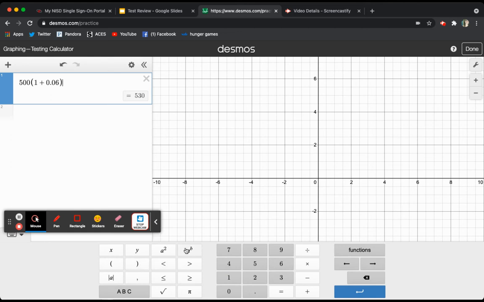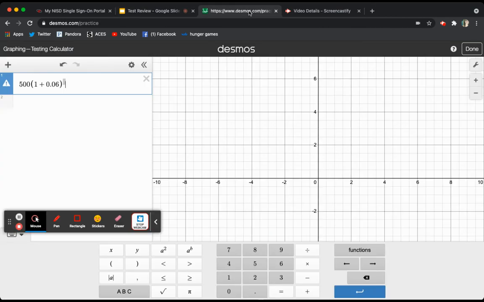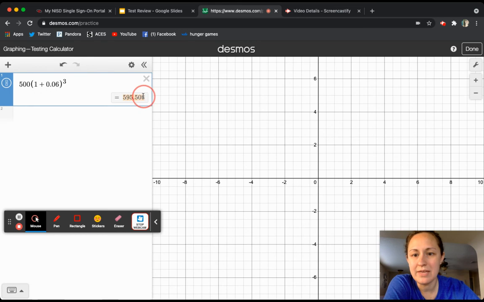Remember, we're going to click on the little b right here. And our time was 3 years, so our exponent is going to be 3. So right away, we know that our total account balance was $595, and it looks like the 8 is going to round our 0, and about 51 cents.